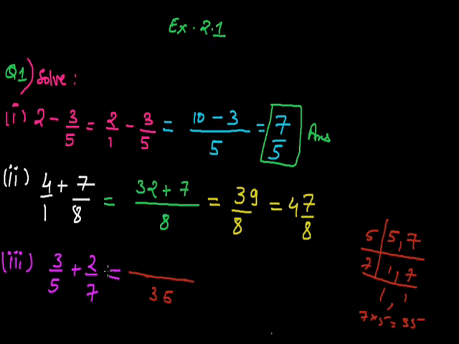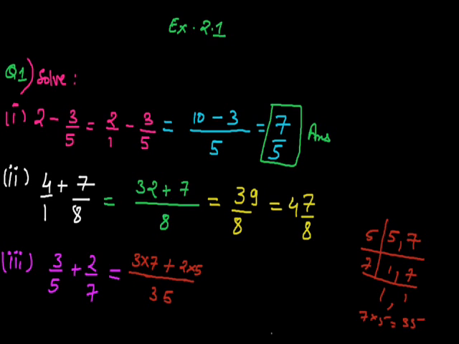Now since 3 is having 5 in the denominator, to make it 35, we have to multiply it by 7. So 3 will be getting multiplied by 7. Then we have plus sign in between, so we will put the plus sign. Then after that, we are having 7 in the denominator of 2. So to make it 35, we have to multiply it by 5. So it will be 2 into 5.